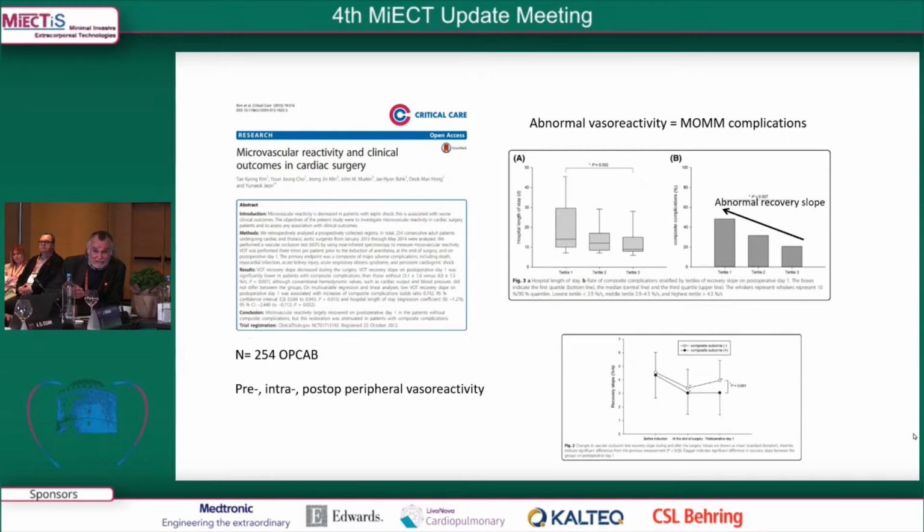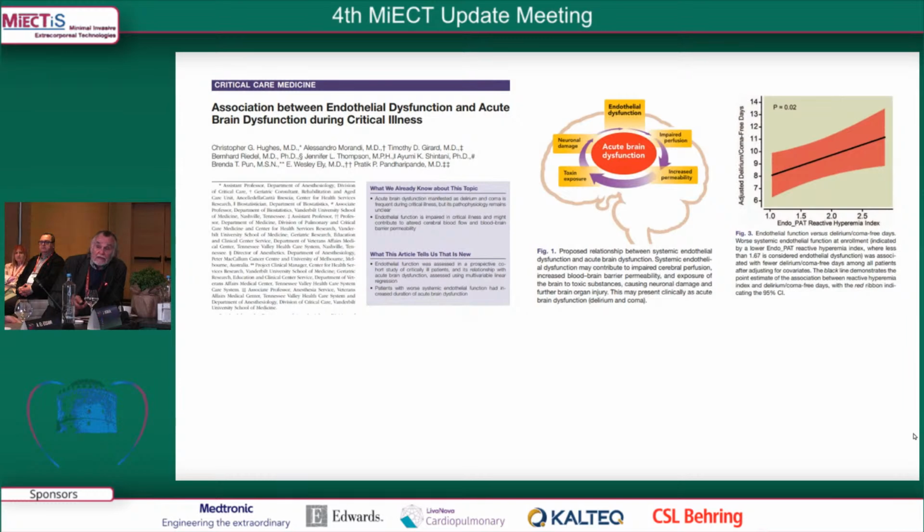And I think this is part of the consequences, a variety of end organ dysfunctions, some of which may be exposed as delirium. And so this is, again, a more recent study using a somewhat different technique. They were looking at a form of, I believe, plethysmography, and again, an ischemia and reperfusion challenge.